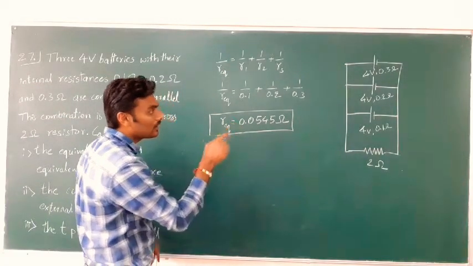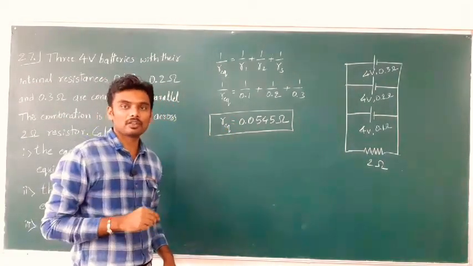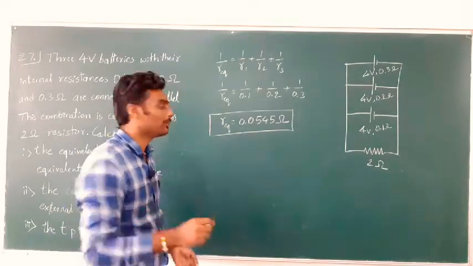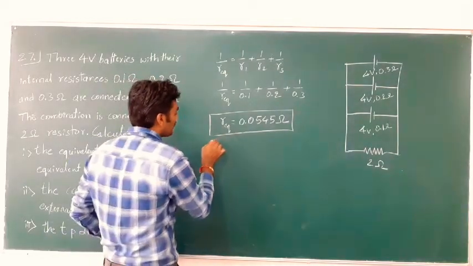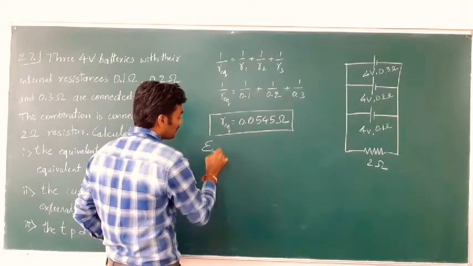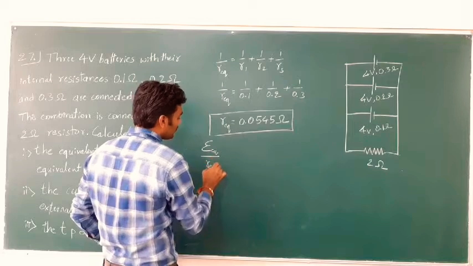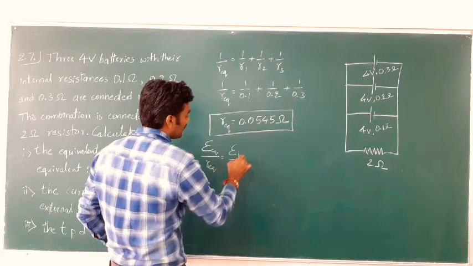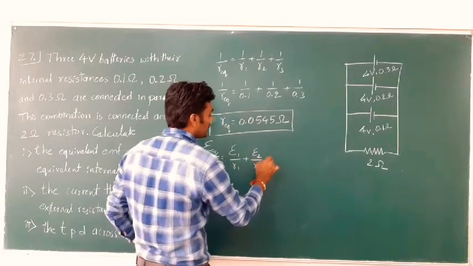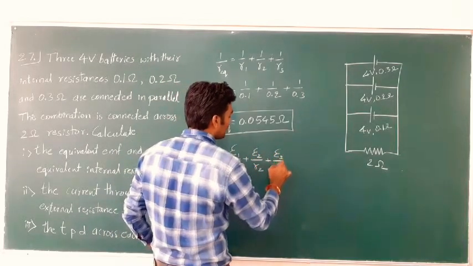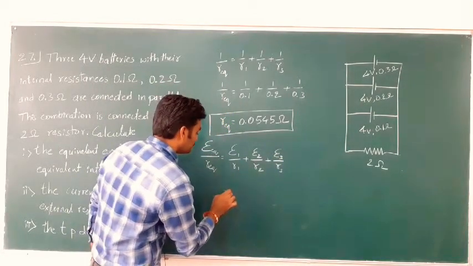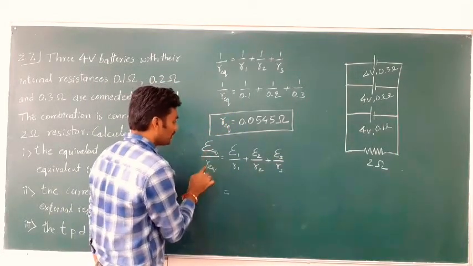Next, the equivalent EMF of the parallel combination. What is the formula? The formula says E equivalent by R equivalent is equal to E1 by R1 plus E2 by R2 plus E3 by R3. R equivalent is found already.